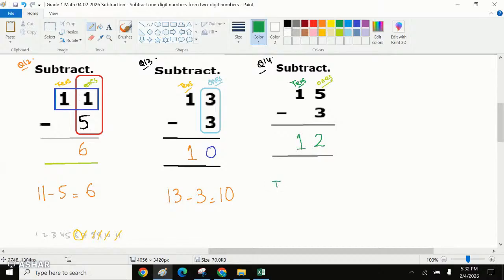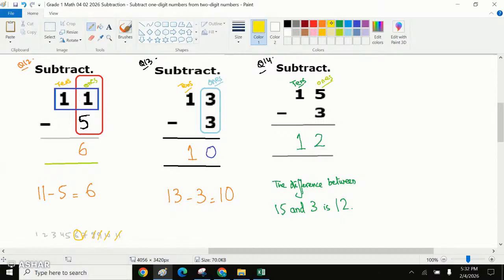So we can say the difference between 15 and 3 is 12. Agreed? Any questions up till now? Do we have any questions?